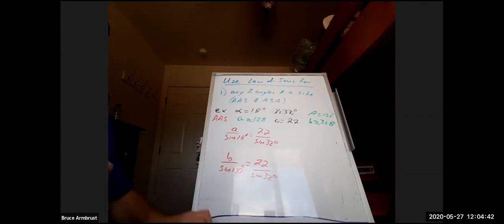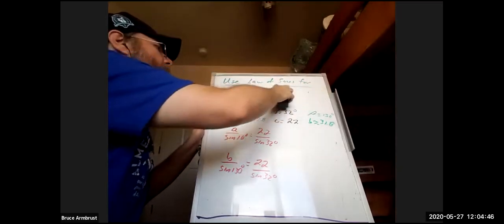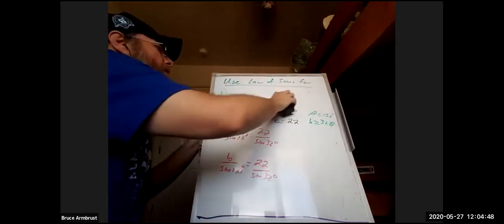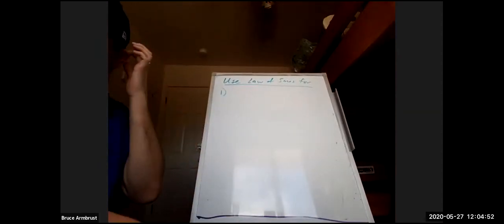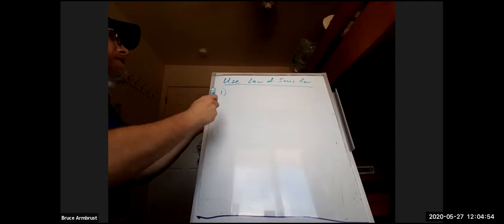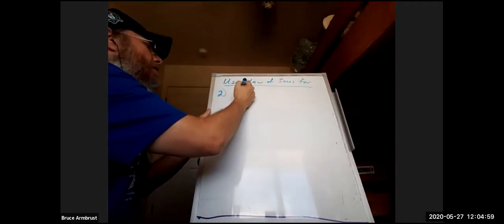All right, so the other case that this works for is two sides and an angle. This is going to be our second case, and the second case that we use the law of sines for is SSA.